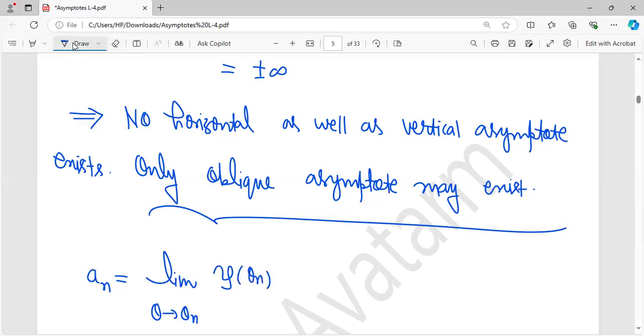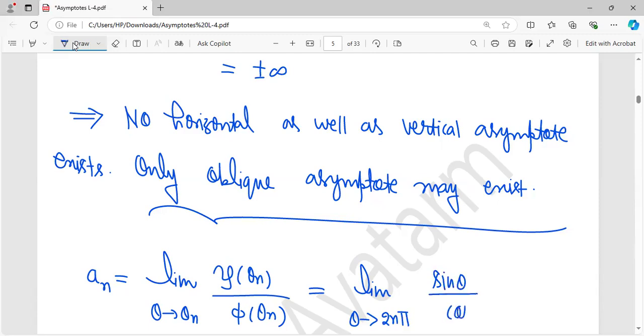Psi theta n upon phi theta n, limit as theta tends to 2n pi. What is this? This is nothing but sin theta upon cos theta.